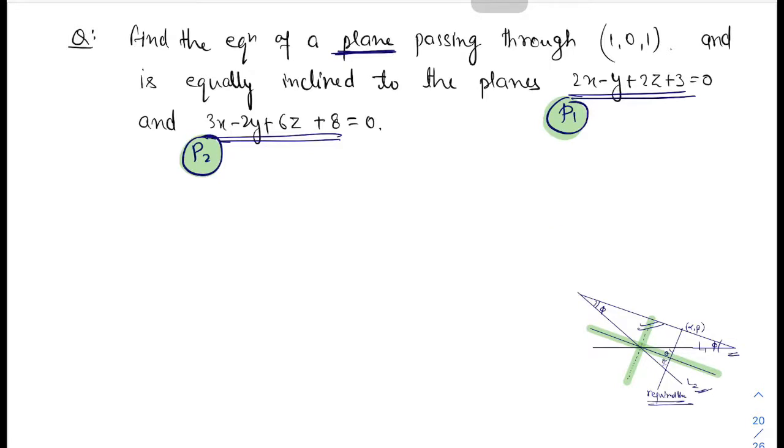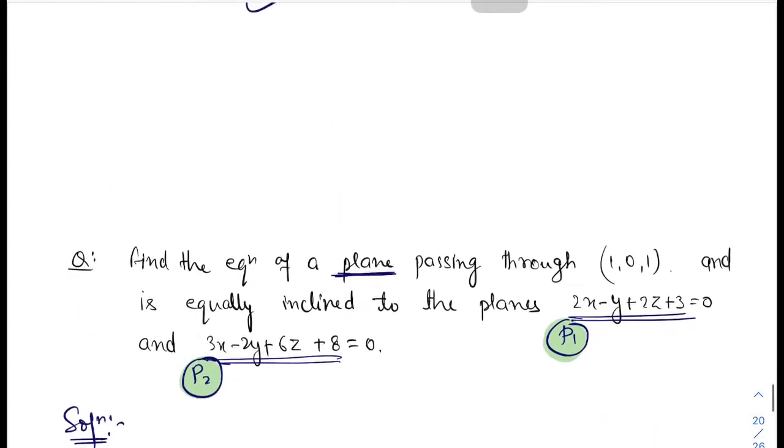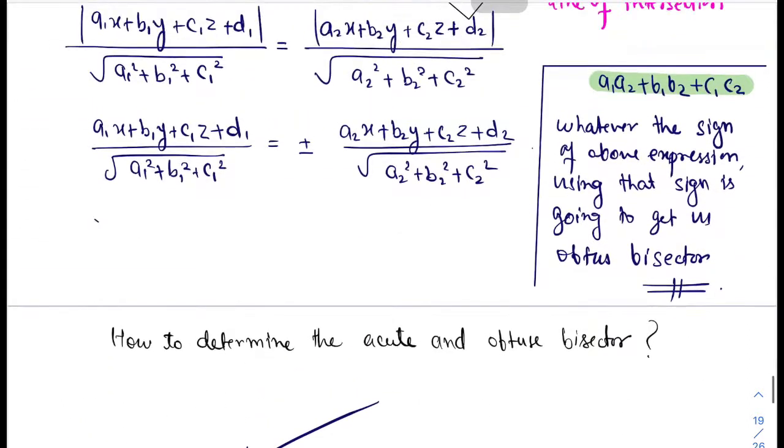Okay, so let me first write what are the planes which are bisecting the angle between these planes P1 and P2. So how to write the angle bisector? We have to just write the equation of the first plane divided by the square root of the sum of squares of the coefficients of x, y and z, and the same thing for the other plane. Okay, and we will have to put the plus minus sign.